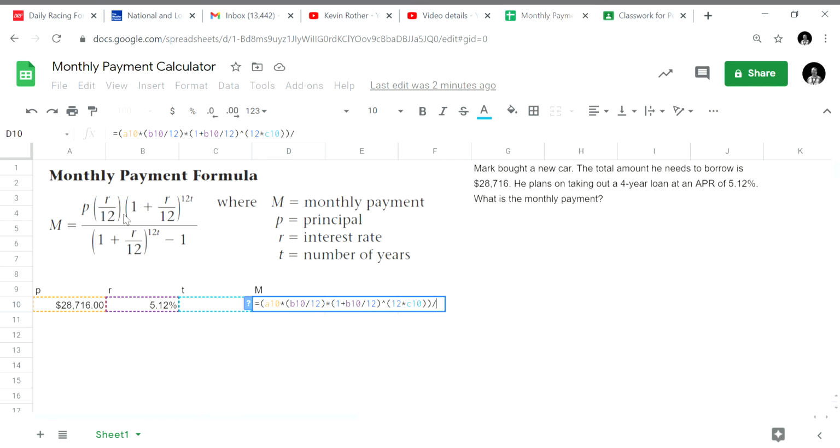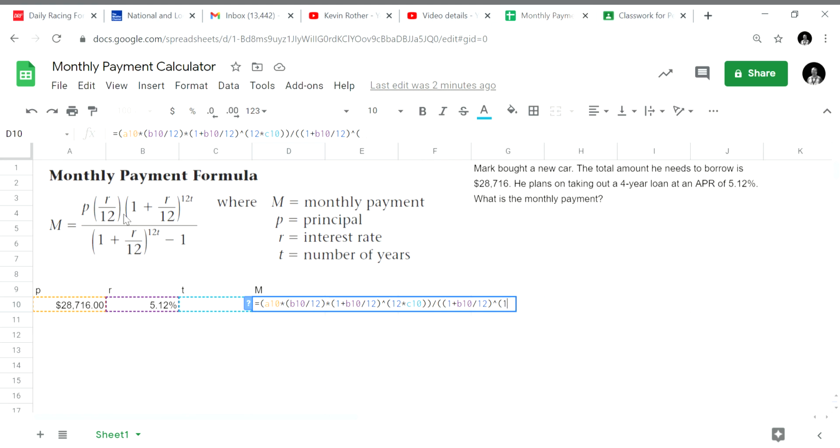Let's divide. And we have to put the denominator in parentheses, so we're going to start with that. And we see there's a parentheses in the denominator, so it's going to be double parentheses. 1 plus R divided by 12. R is B10 divided by 12. Close that parentheses. Raise that to an exponent of 12t.